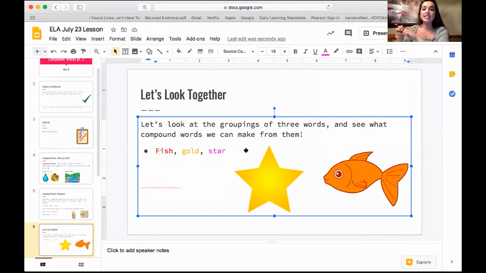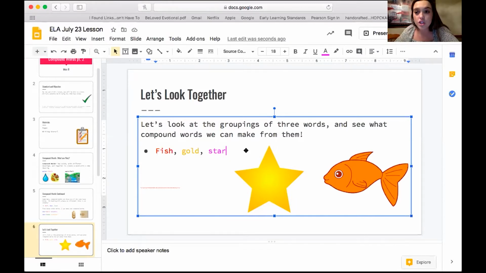Let's try and see what we can put together from these words. So the 3 words we have are fish, gold, and star. So when you're looking at creating this, you need to think about all the possibilities. So I'm going to use a whiteboard so you guys can see really well, but let's go ahead and look. Fish, gold, and star. Let us see.